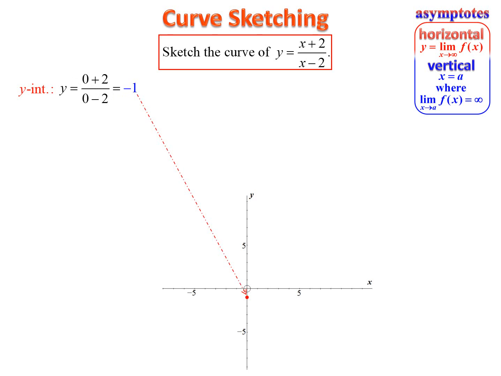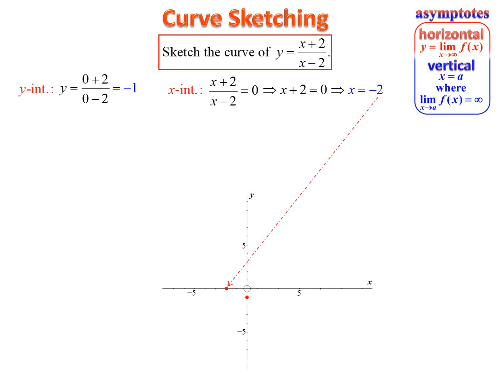And there we go onto the graph. X-intercept, we're going to put y as 0. And if you solve that, you're going to end up with x equaling negative 2.